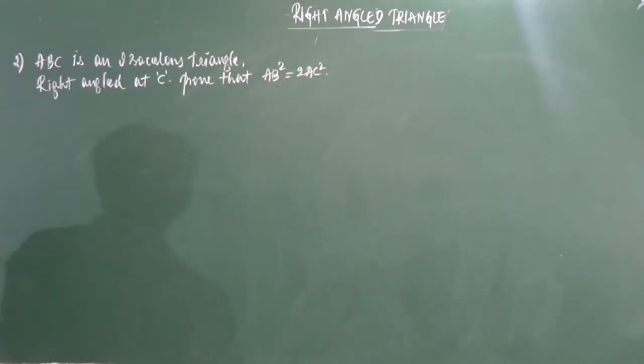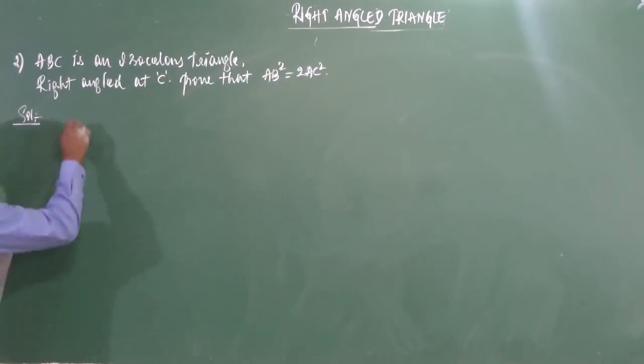So very simple problem. ABC is an isosceles triangle, right angled at C.